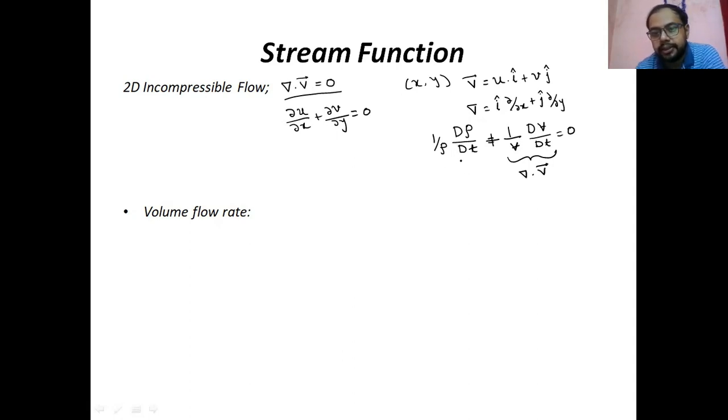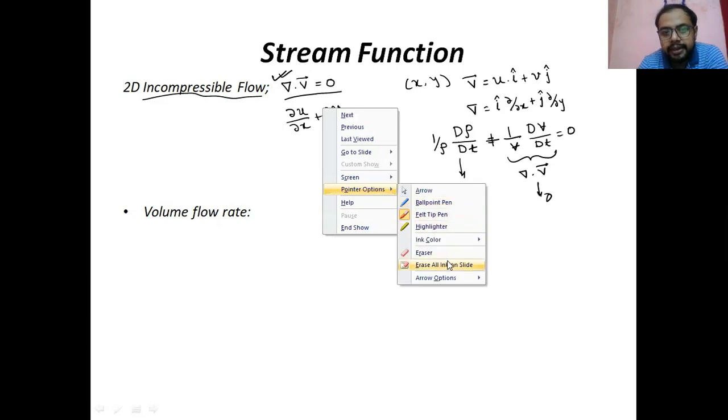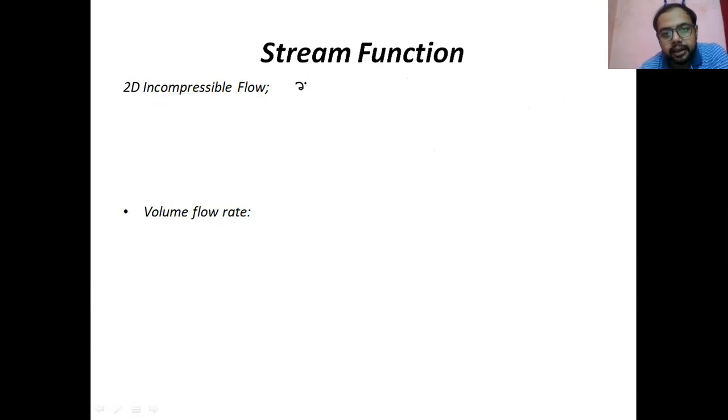So each term is 0, and the same equation gives you the continuity equation for incompressible flow. That's why this equation is so important. Again, rewriting the continuity equation: del u/del x plus del v/del y is equal to 0.